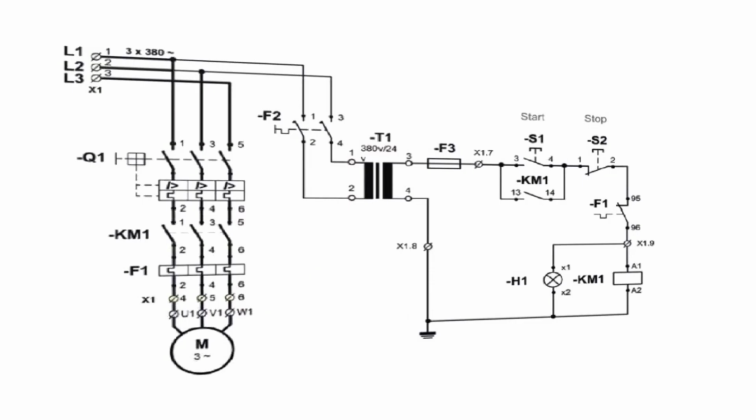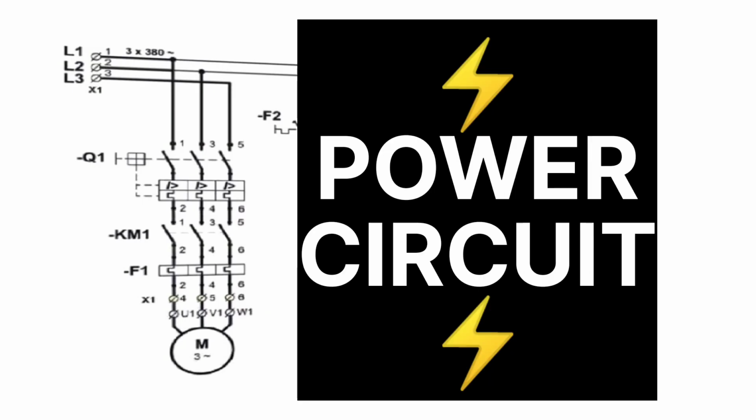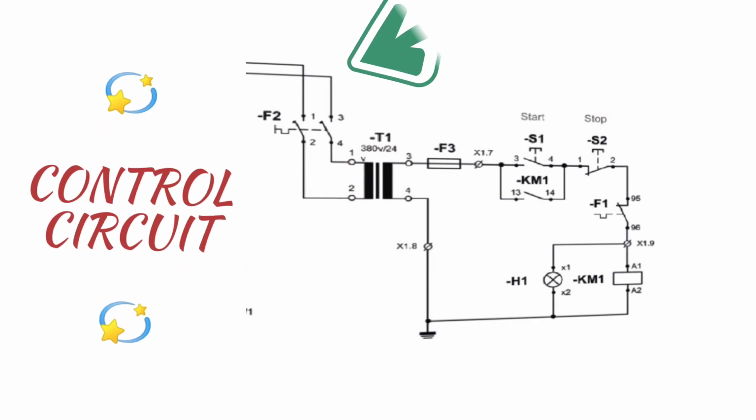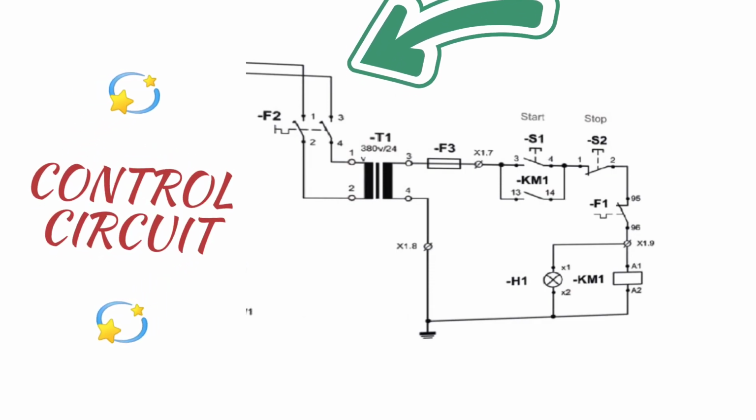The power circuit consists of Q1, which is also known as the main breaker, the contacts of contactor KM1, and fuse F1, which is for the protection of the motor in case overcurrent is flowing. On the other hand, the control circuit consists of F2, which is the breaker for the control circuit.